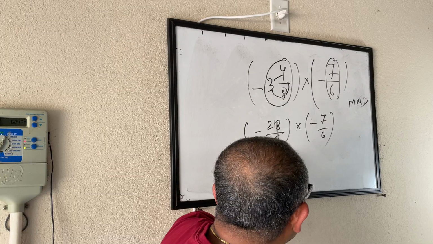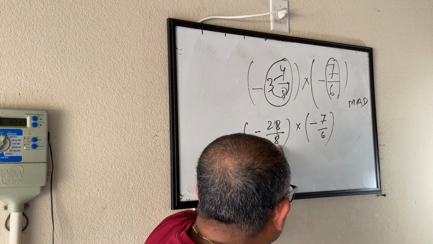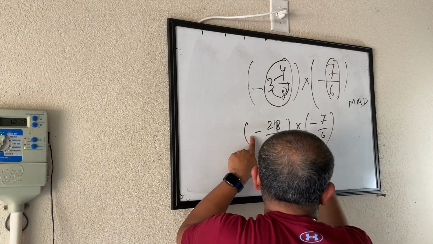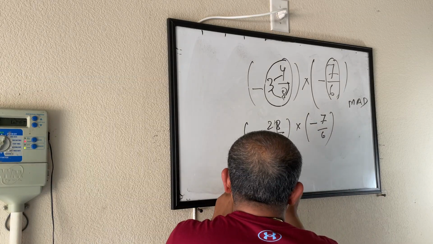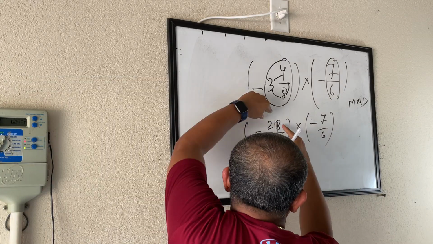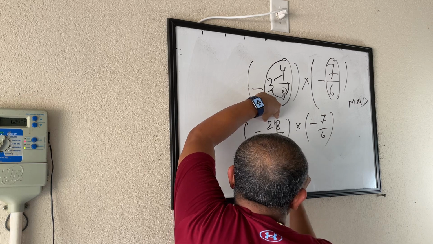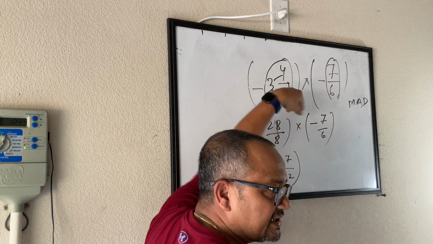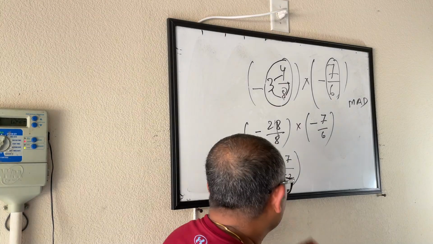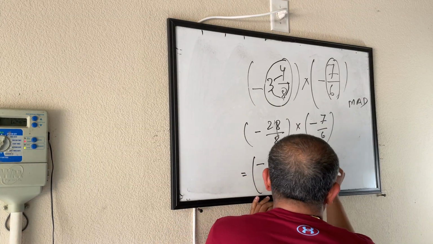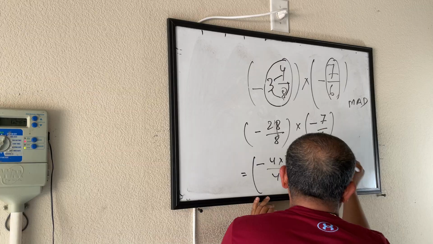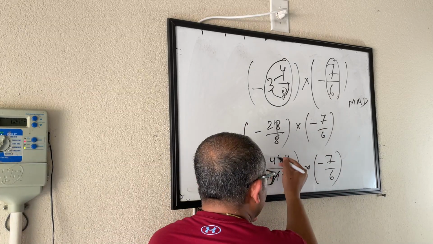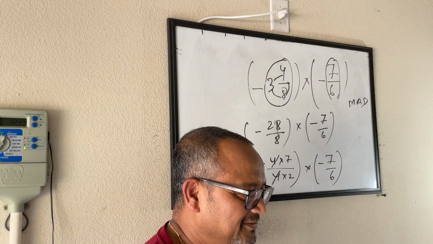Now here, let's play a little bit more. Now, first, let's make it simpler. 4 7s are 28, 4 2s are 8. As I said, let's play. I'm playing right now. See, tic tac toe.